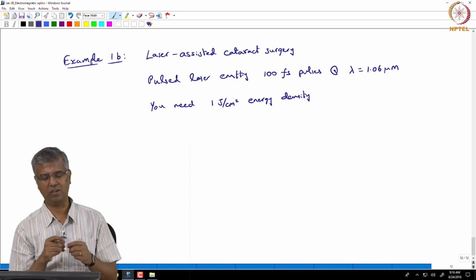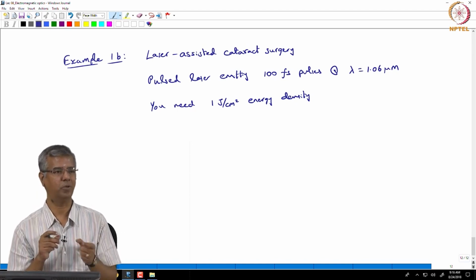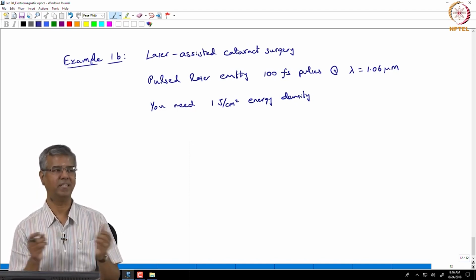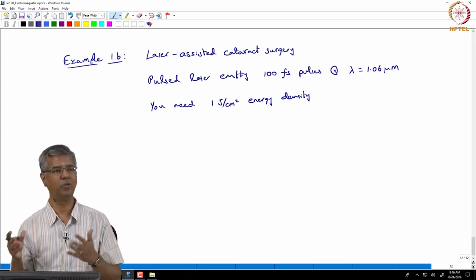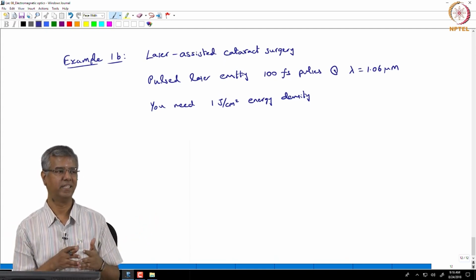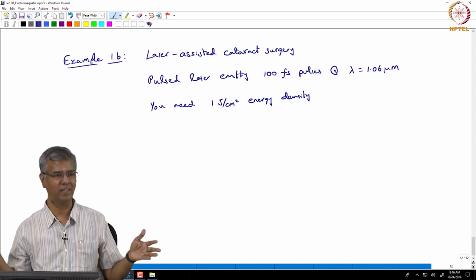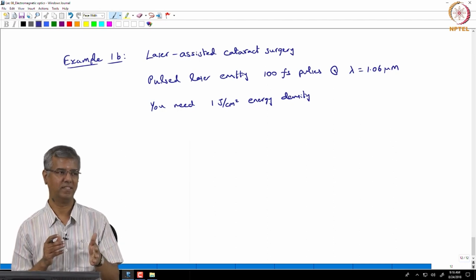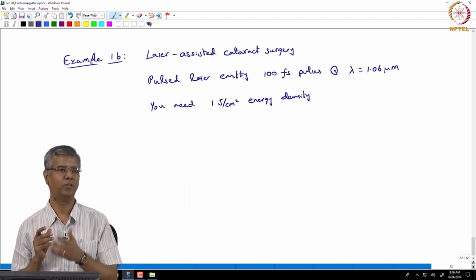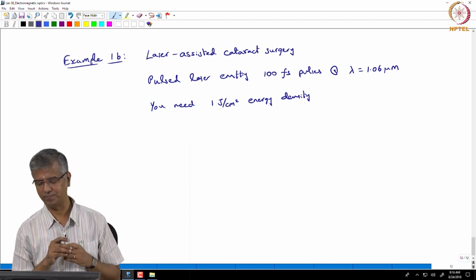But since it's all happening within that 100 femtosecond time scale, the heat actually builds up over millisecond time scales. So, if you are doing much shorter than that, there is very little collateral damage that is happening. So, you can get very precise cuts if you are using such short pulses.